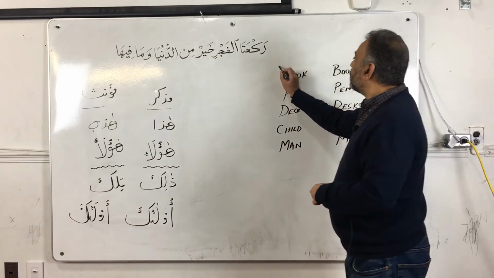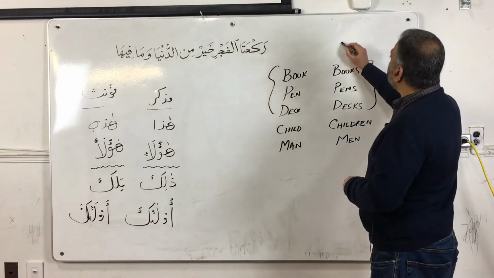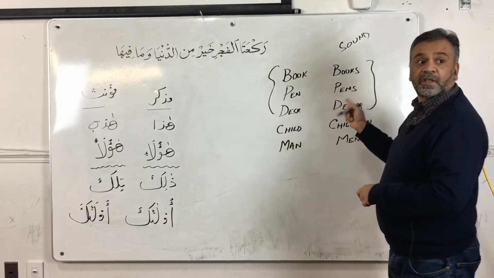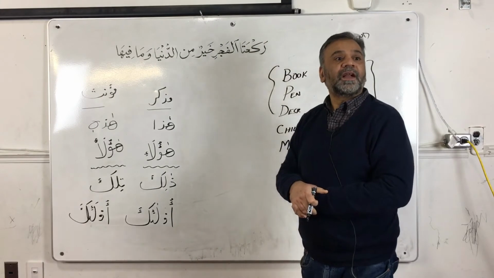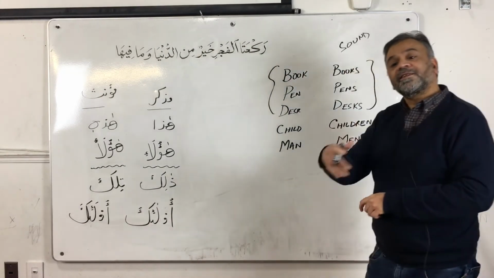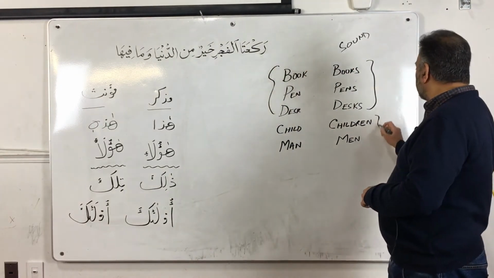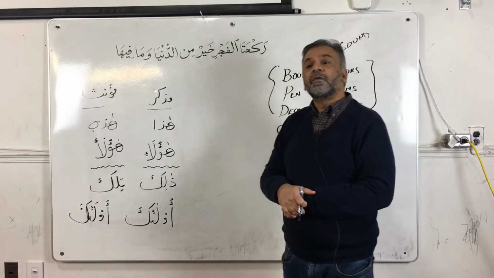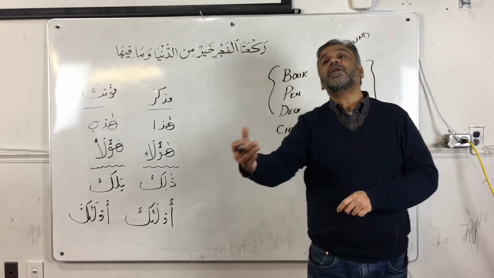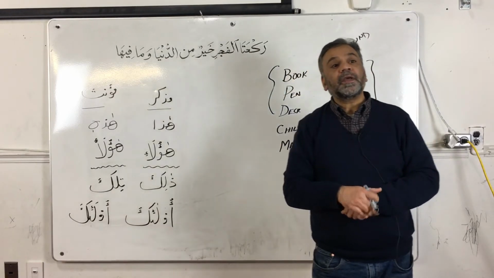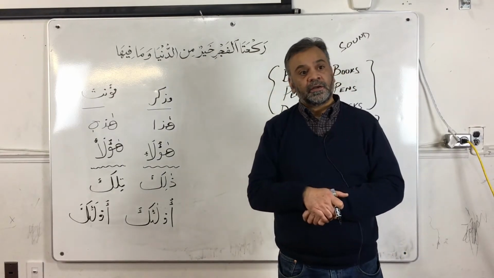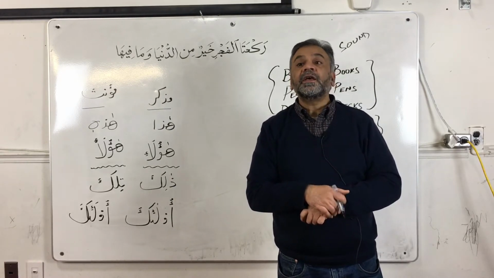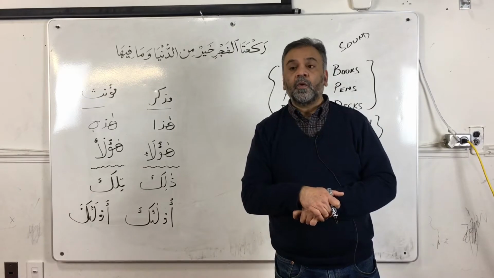These are called sound plurals, the ones with the regular s. But then there is another kind, child and man, and there are many others, where they do not follow the regular pattern of becoming the plural. They are irregular in nature. They break the pattern. What do we call them?